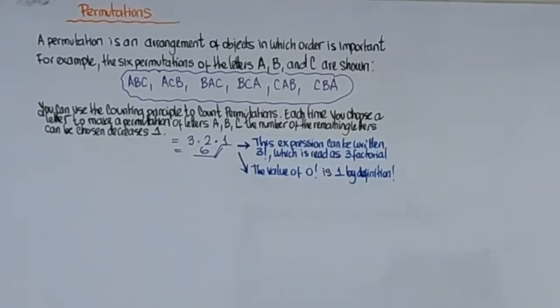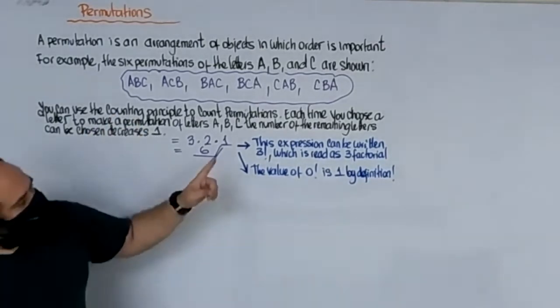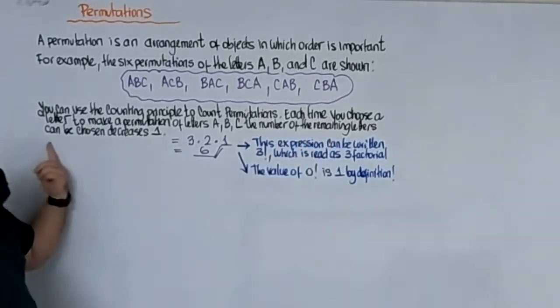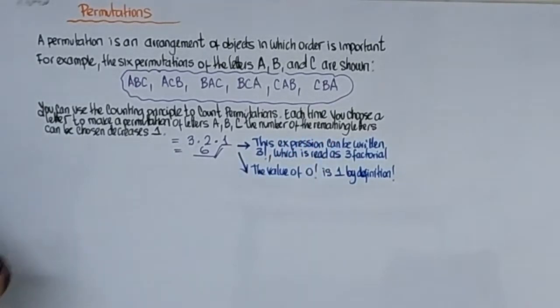If you read carefully what the theoretical part says, every time you use a letter or pencil and create the permutation, the number of remaining choices decreases by one. For example, if you start from 5 objects, you multiply the next one by 4, the next one by 3, the next by 2, and the last by 1.